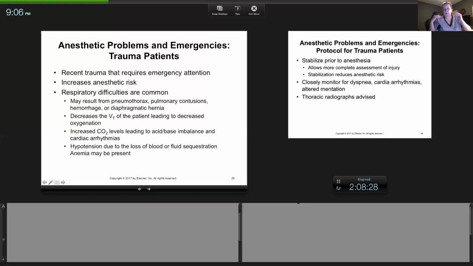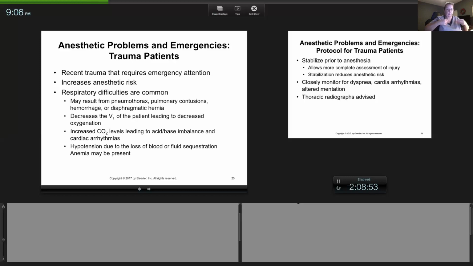If an animal gets hit by a car and maybe a blood vessel ruptured and the blood is in the thorax, the blood is supposed to be in the blood vessel. It's sequestered, or being kept, in the thorax. So it is an anemia because when you draw blood on that patient, it's going to show a low PCV.